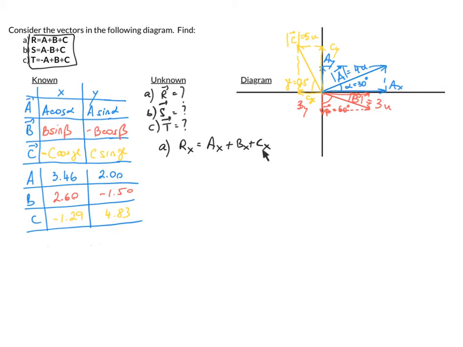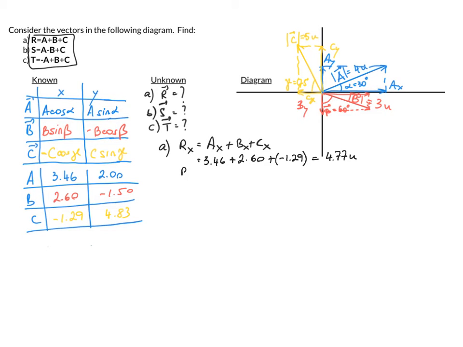And when I enter the values here, a sub x is positive 3.46. B sub x is positive 2.60. And c sub x is actually negative 1.29. So when we add all those numbers together, we end up with 4.77 units. We don't have any other specific units, just U for units.